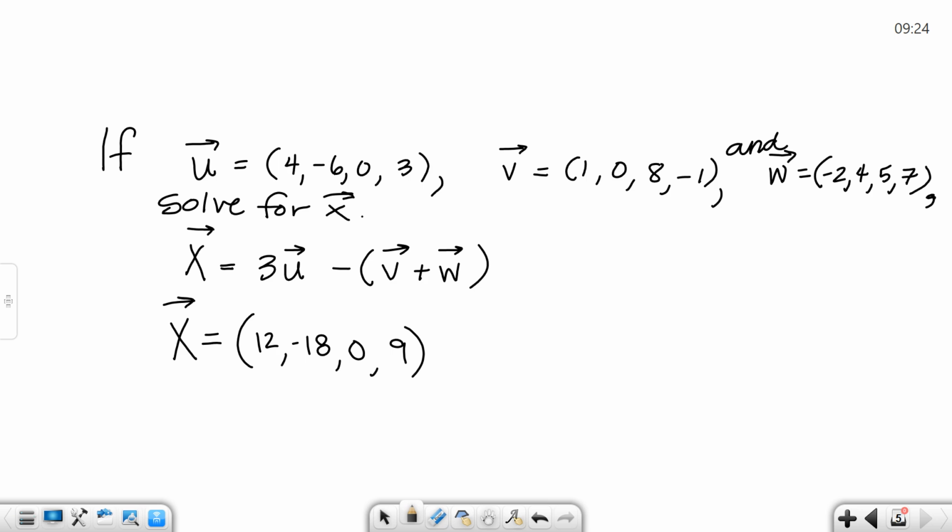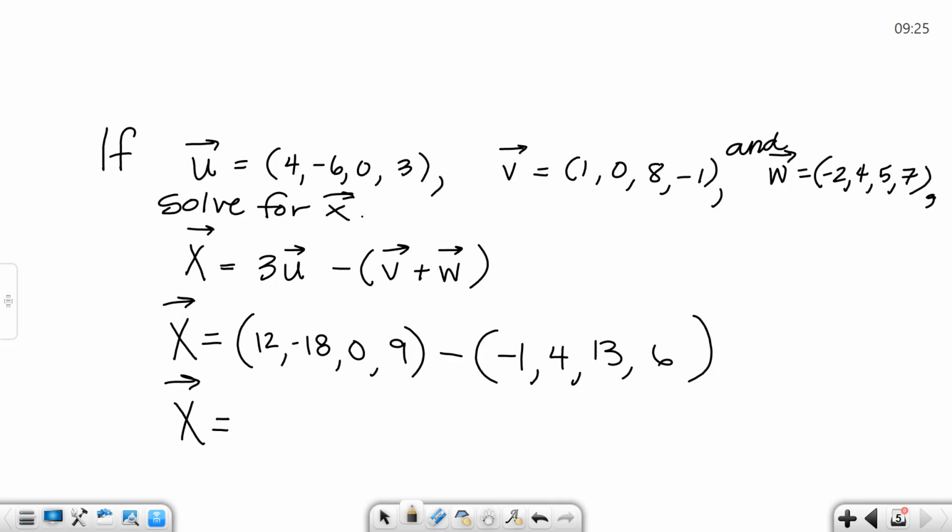I like it. Now, as far as the other, you could distribute the negatives through v and w, or it's pretty easy to add them up in your head. V and w are here, so that's going to be a negative 1, 4, 13, 6. Yep. And now I'm going to perform this operation.